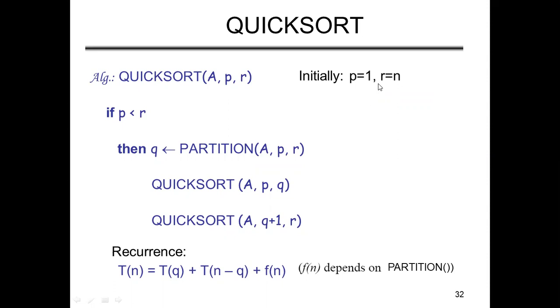Initially we represent the bounds with P and R: P is the lower bound of the array, R is the upper bound.